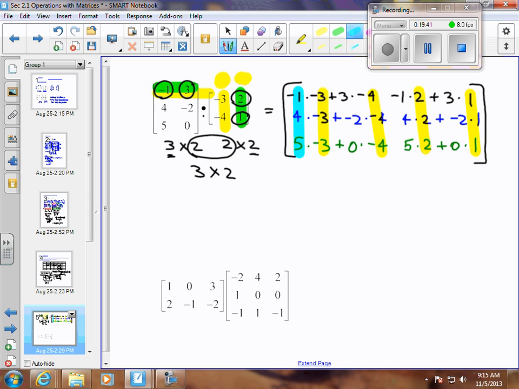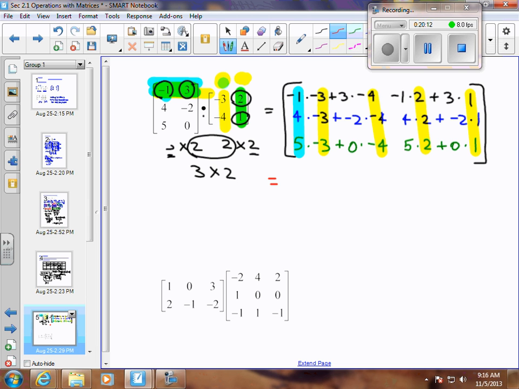This is row 1. So I'm multiplying row 1. Oh dear, no, I highlighted the wrong thing. Okay. Let's try that again. Row 1 by column 1. That's all for the highlighting.